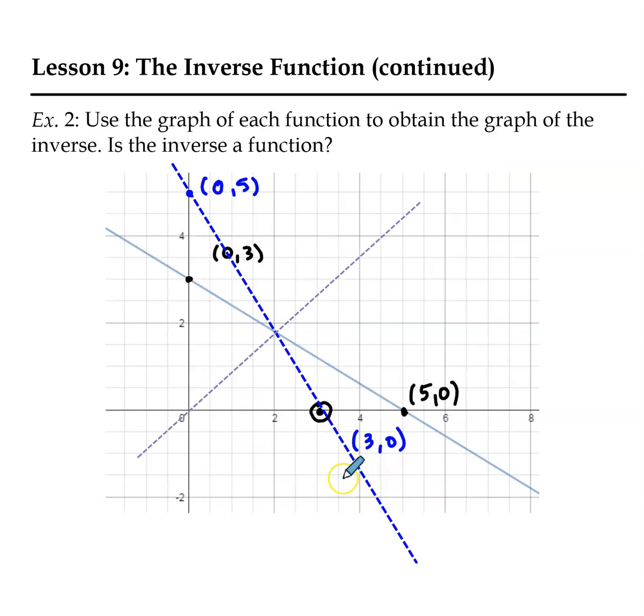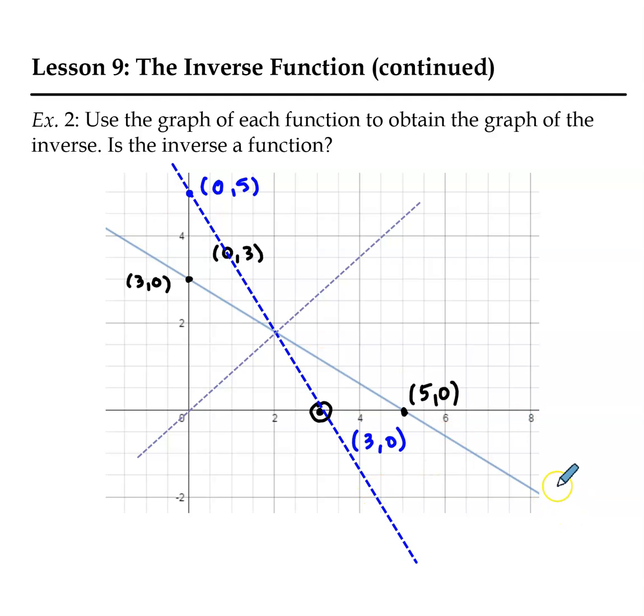In our second example, we're given a graph and you're asked to plot its inverse. So I usually look at the intercepts and plot their inverses. Connecting the 2 points gives us our new graph.